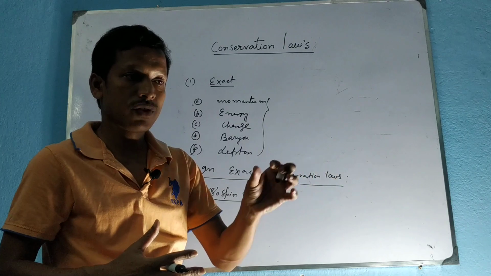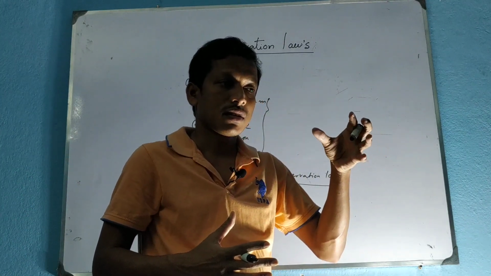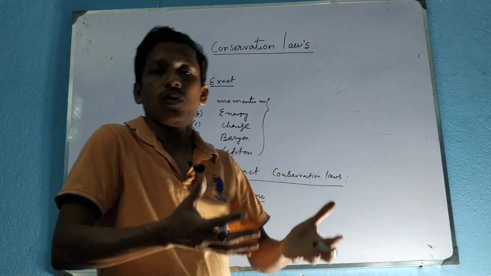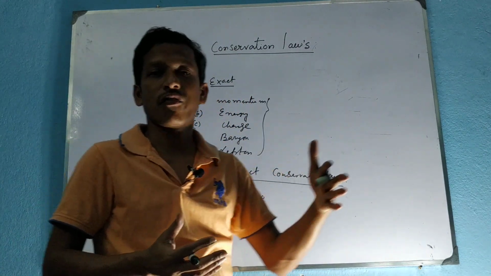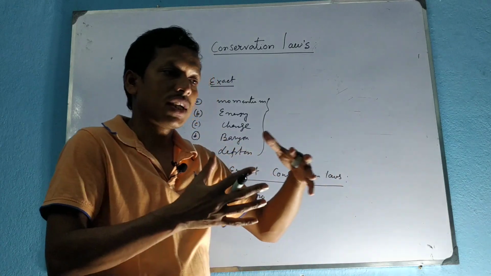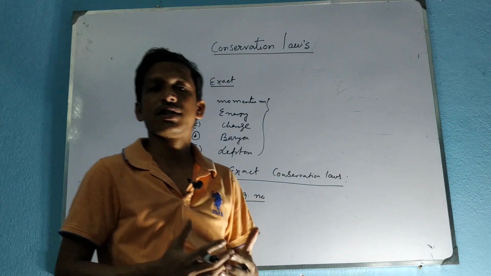Actually, the proton and neutron physical entity is one, but the particle manifests in two ways. Sometimes it behaves as a proton and sometimes as a neutron in the electromagnetic field. The physical entity is the same, but the particle sometimes behaves with protonic nature and sometimes with neutronic nature.